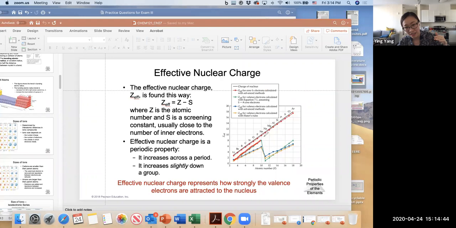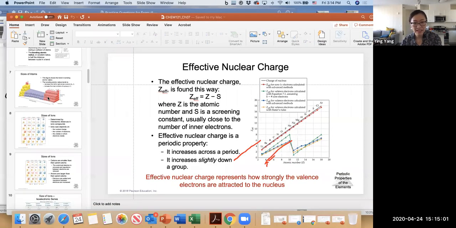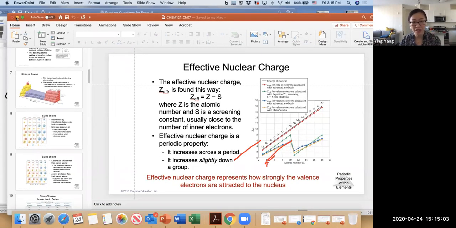And when you go to the next period, they are actually similar and then go up again like this. So we also reviewed effective nuclear charge here.